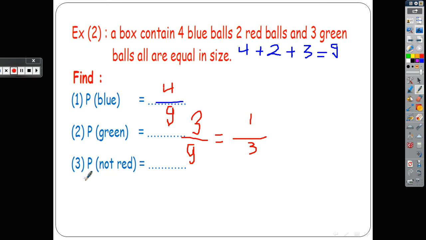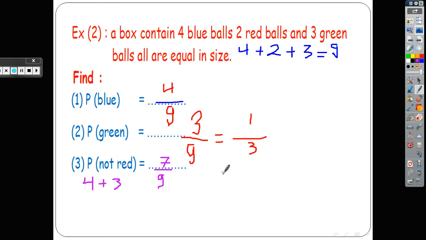You have 4 blue balls plus 3 green balls. How many balls are not red now? 7. So you write 7 over 9.